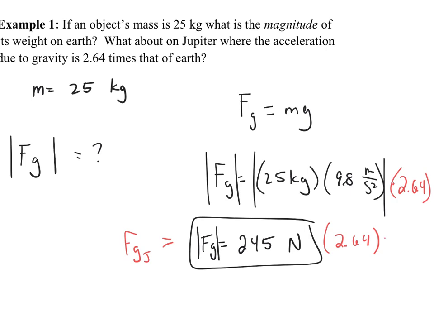I'm just doing it quickly. I have it written down here. Those are measured in newtons. So on Jupiter, 646.8. On the Earth, we're looking at 245. Clearly larger on Jupiter. Why? Jupiter is more dense? What is it? It's more mass.